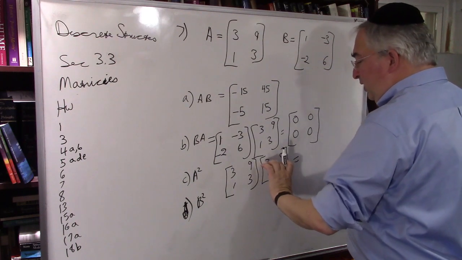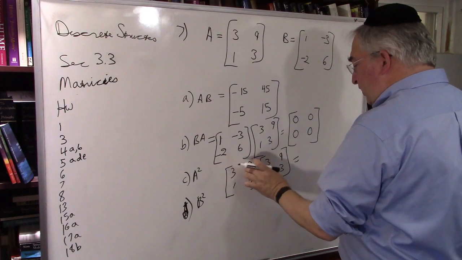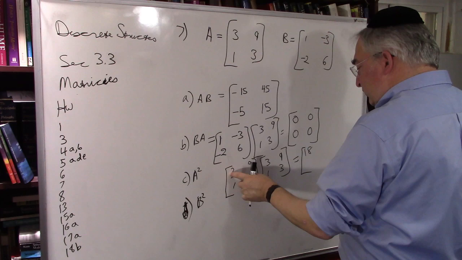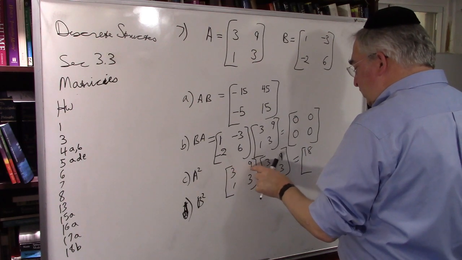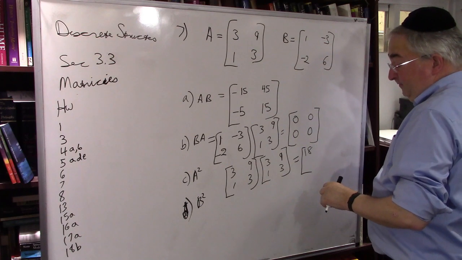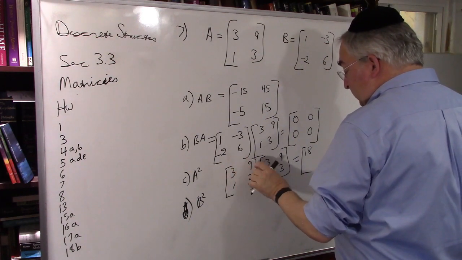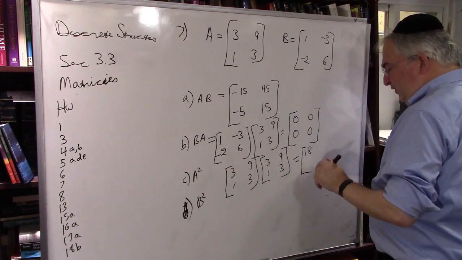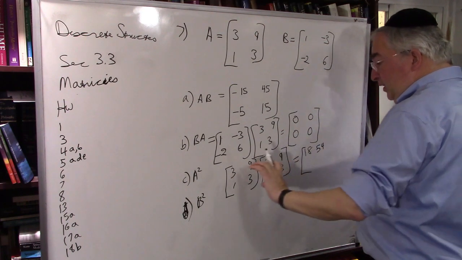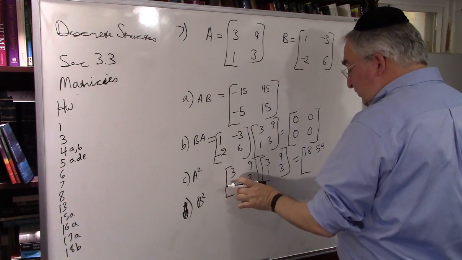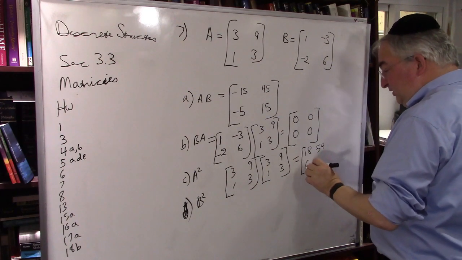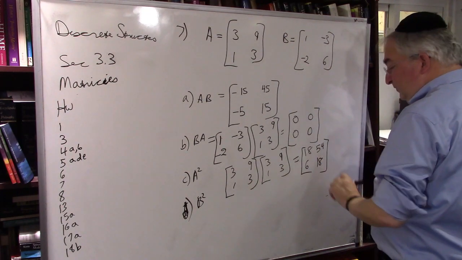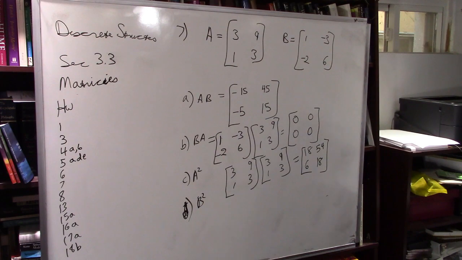This is equal to 9 plus 9 is 18. 27 plus 27 is 54. 3 plus 3 is 6. 9 plus 9 is 18. Okay, that takes care of that. Okay, let's do B squared.